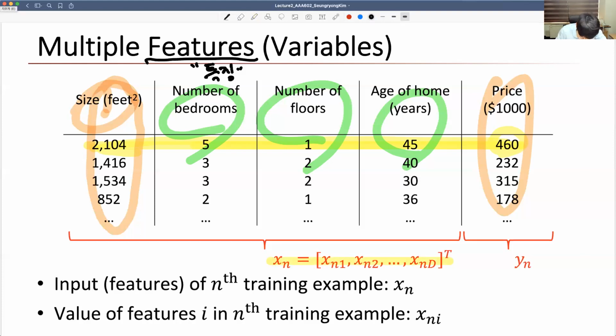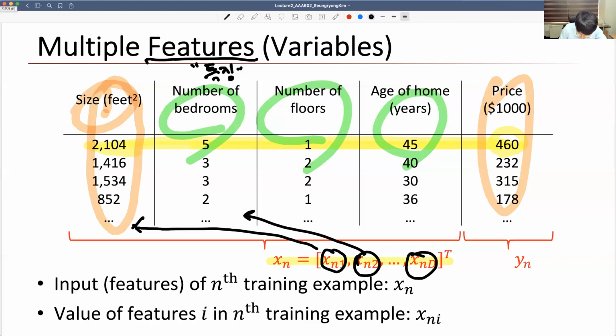For example, this one relates to size, this value relates to the number of bathrooms, this one relates to the age of the house, something like this, right? So we can extend our previous example to this general multiple variable case.